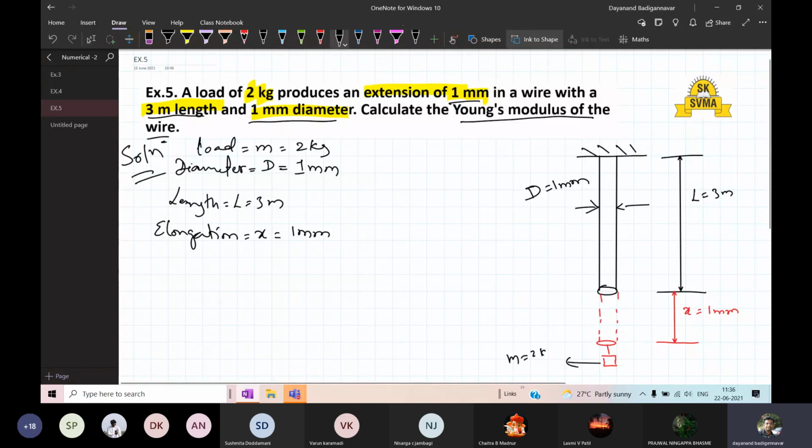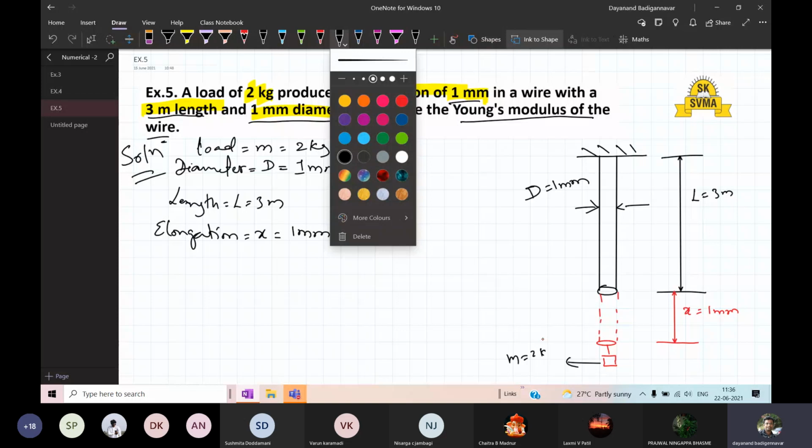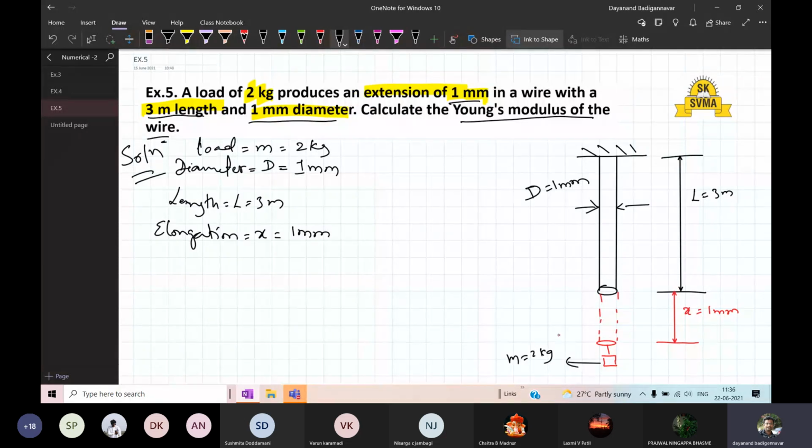Obviously there is a force in the downward direction, the direction of the force F. You can calculate the force by calculating its weight. Weight is equal to m into g. This is the force due to the application of this mass.